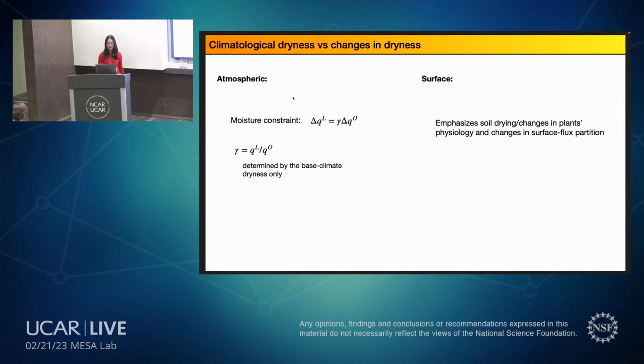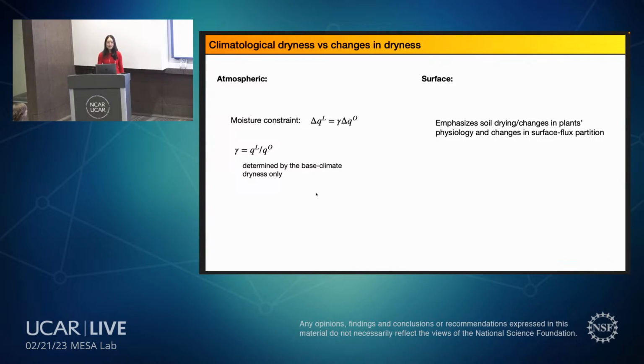And next, we ask, which one is more strongly associated with a strong warming, whether it's climatological dryness or changes in dryness? So in the atmospheric perspective, in their moisture constraint, the gamma, this ratio that tells us that land moistens less, is determined by the base climate state only.